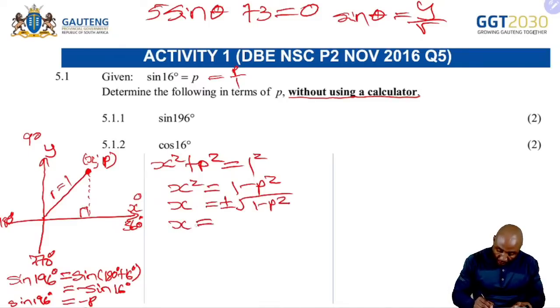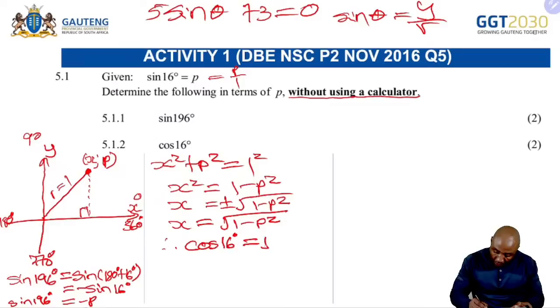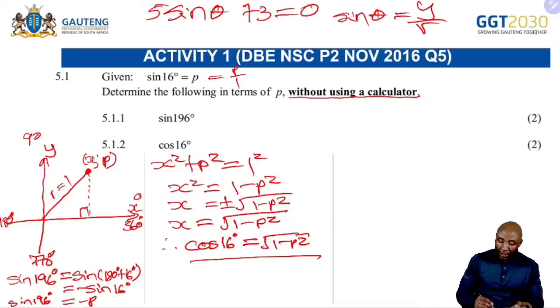Because the 16 degrees is in the first quadrant and our x is positive, we'll take the positive square root of 1 minus p squared. Therefore, we'll get our solution as cos 16 degrees will be equal to x, which is square root of 1 minus p squared, all over 1, which will be the same as that.